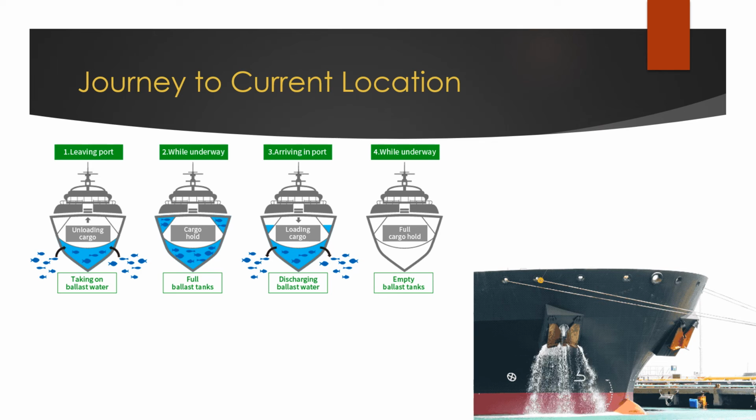So our zebra mussel friends got accidentally picked up when the boat was being filled up somewhere in Europe, and then once the boat arrived at its new location, it had to dump out the water, and that's how our zebra mussel friends were introduced.